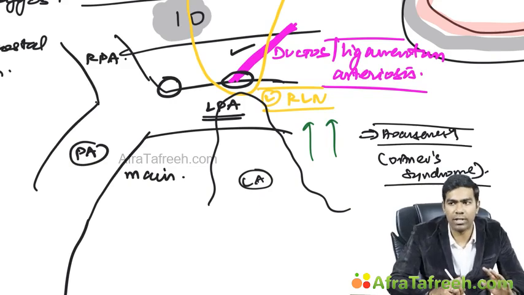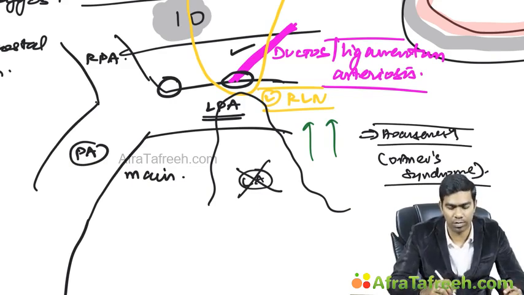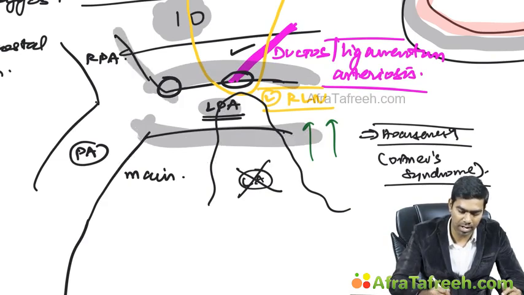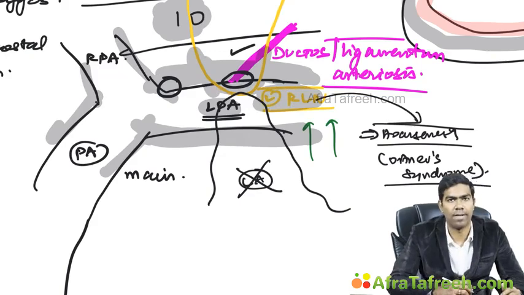But a lot of theories and investigations have proved very clearly that it is not the left atrial enlargement that causes the hoarseness of voice. It is the pulmonary artery enlargement, typically the left pulmonary artery and main pulmonary artery dilatation, that is going to damage the left recurrent laryngeal nerve and result in hoarseness and Ortner syndrome.